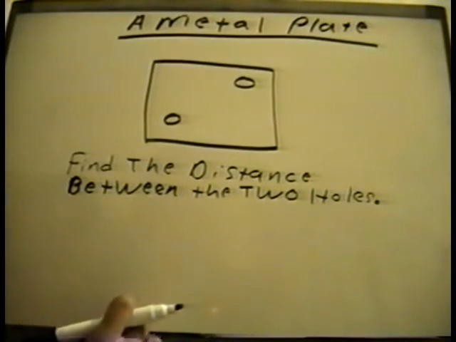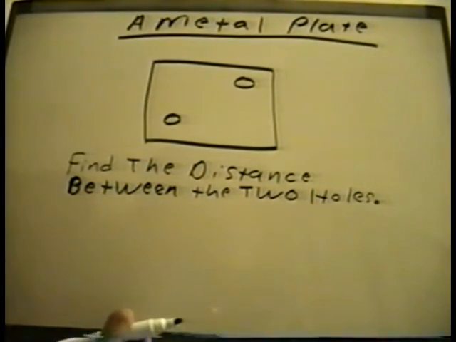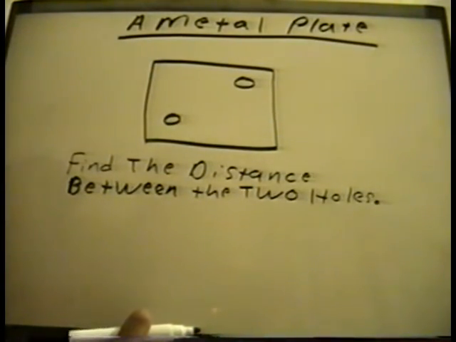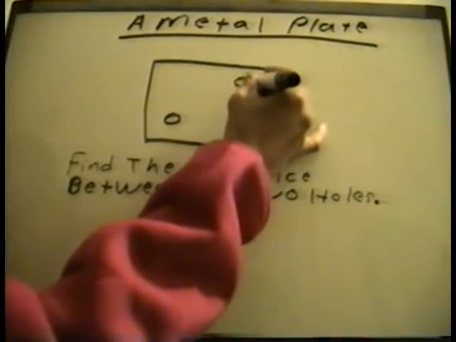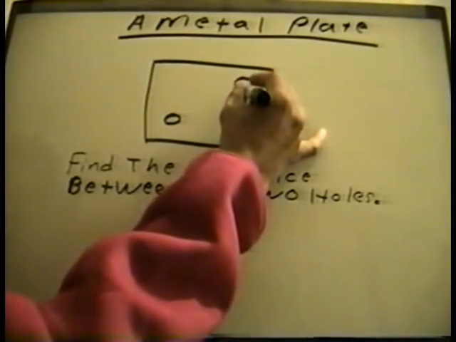Okay, so we're going to use the Pythagorean theorem to find the distance between these two holes. So first, let's say we measured the distance.